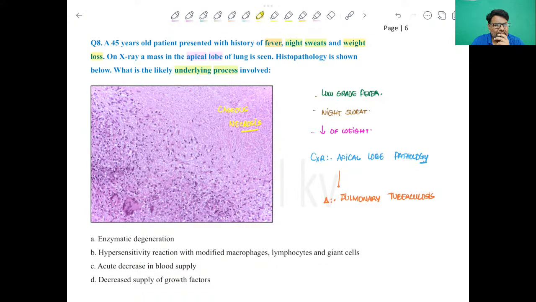So in the center we see caseous necrosis, which is cheese-like material, and this is surrounded by giant cells, lymphocytes, and modified macrophages. So the answer here is hypersensitivity reaction, which is usually type 4. So at the rim there are modified macrophages, lymphocytes, and giant cells, but in the center there will be caseous necrosis. This is the classical picture of tuberculosis.